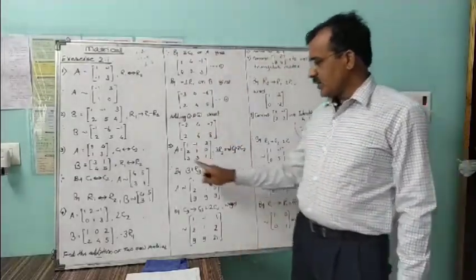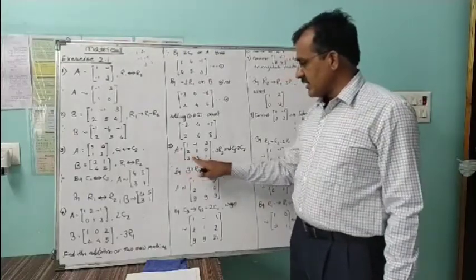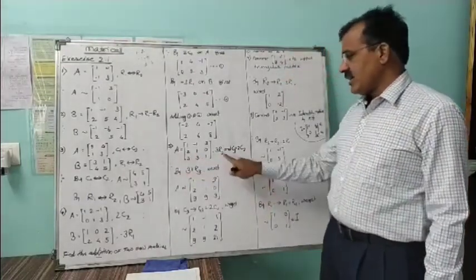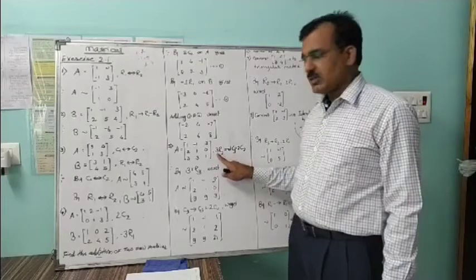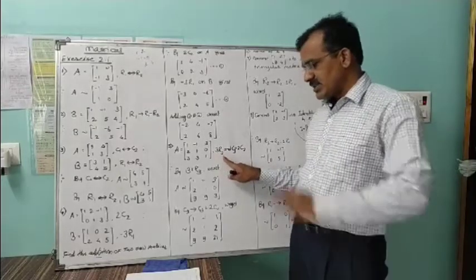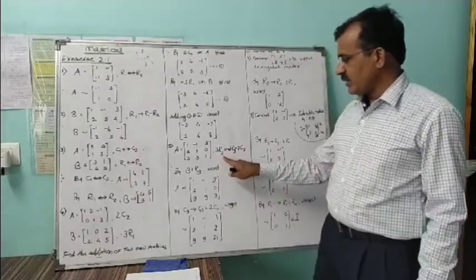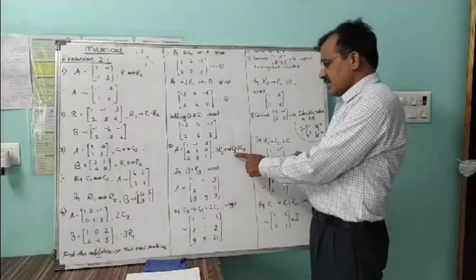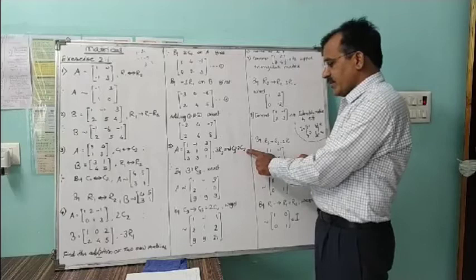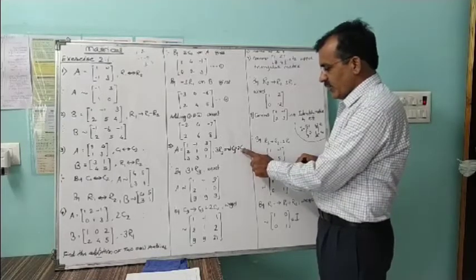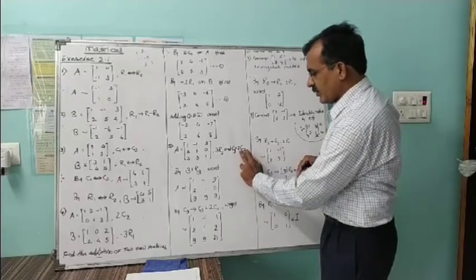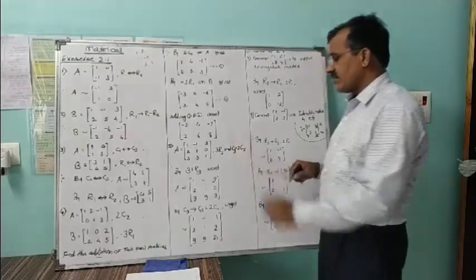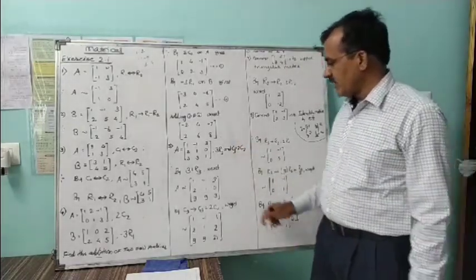Now turn to example number 5. Matrix A is given with 9 elements and we have given 2 operations on this A. Thrice of R3 means 3 times of each element of row number 3, and next is C3 plus twice of C2, which means we have to multiply each element of the second column by 2 and add them to the corresponding element of column number 3.